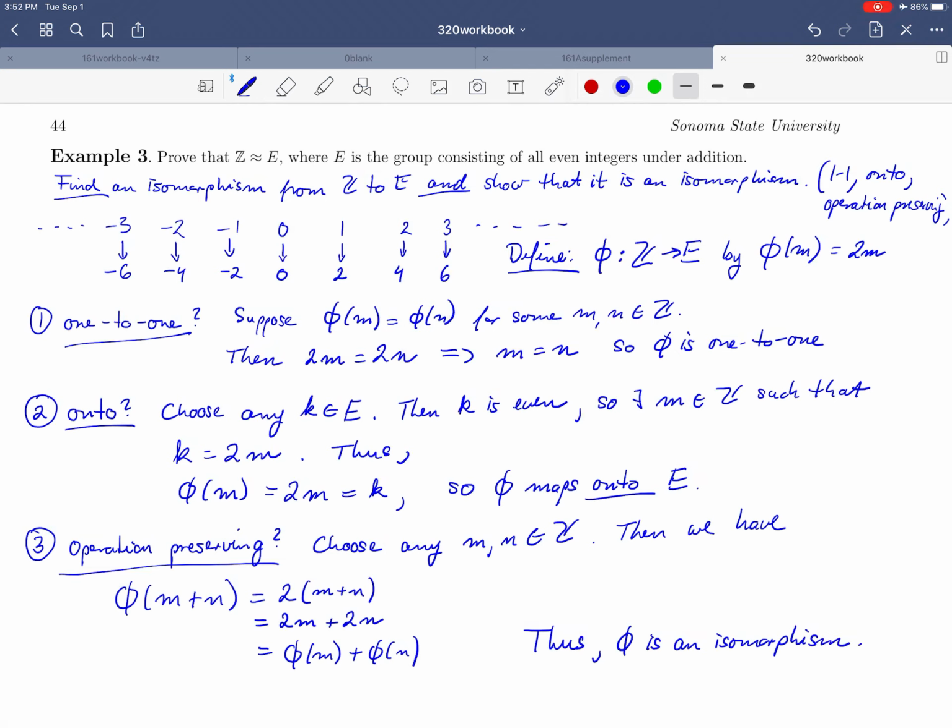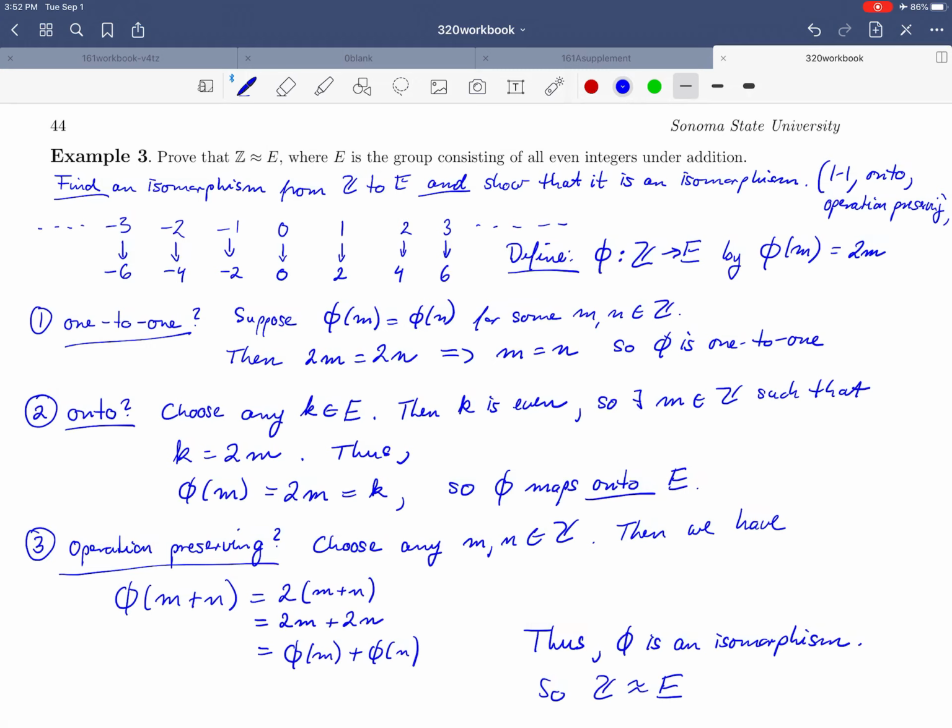And since we were able to define an isomorphism from our group Z to our group E, it follows that Z is isomorphic to E. So the integers have the same structure, are more or less identical as far as algebra is concerned, as the set of even integers.